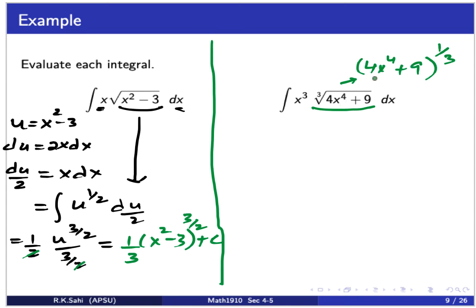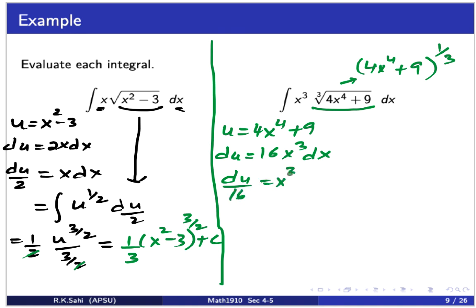So clearly, the inside function is a fourth degree polynomial. So we say this is my u. u is 4x^4 plus 9. So my du is 16x cubed dx. du over 16 is x cubed dx.